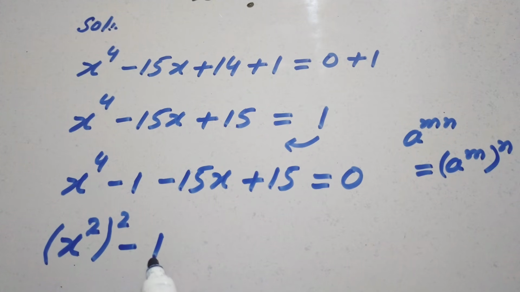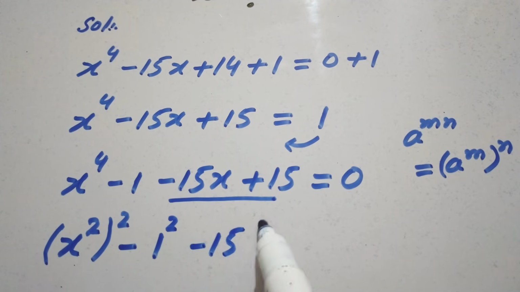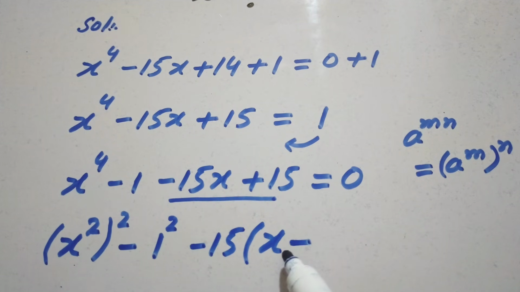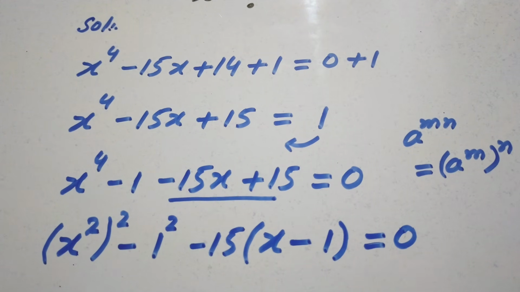We know that 1 squared is equal to 1, so we can write this as 1 squared. And by taking negative 15 common from these two terms, inside the bracket x minus 1, is equal to 0.